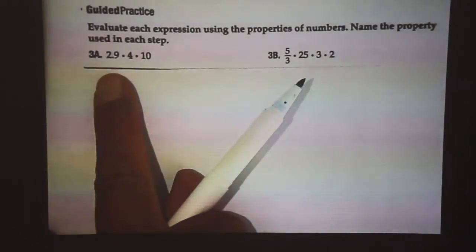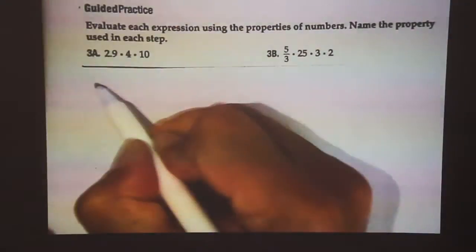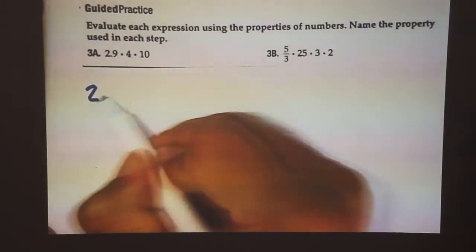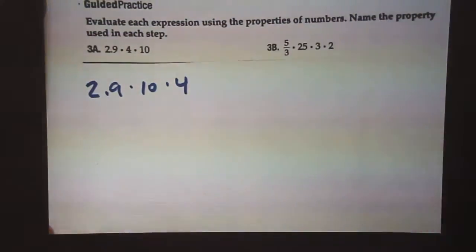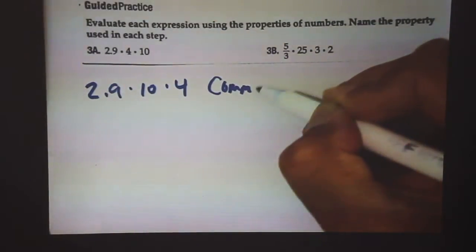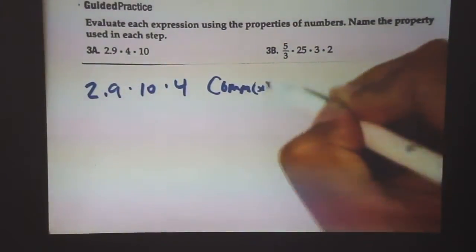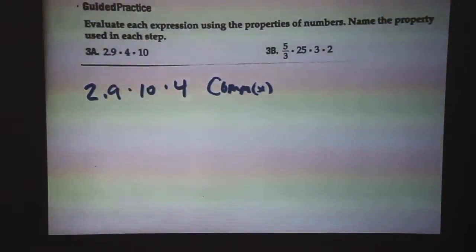Anytime I see a decimal value and the number 10 or anything that ends in 0, I want to group those together, or move them together rather. So I'll do 2.9 times 10 times 4, right? So that's the commutative property of multiplication. And we can abbreviate it like that. So I just say comm times, commutative property of multiplication.